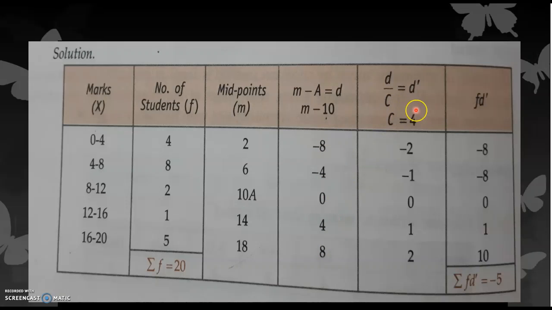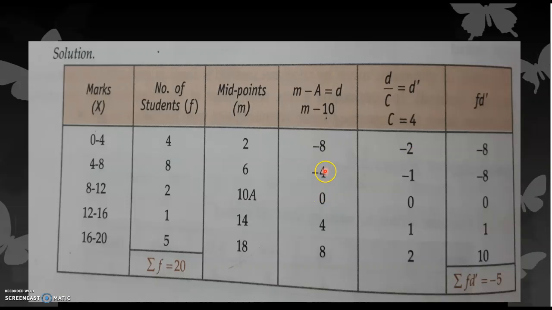Then we have to find out the class interval. Which is the class interval? 4. So C is equal to 4. Then we find D dash by dividing D by C. So minus 8 divided by C, C is 4, so minus 8 divided by 4 is equal to minus 2.